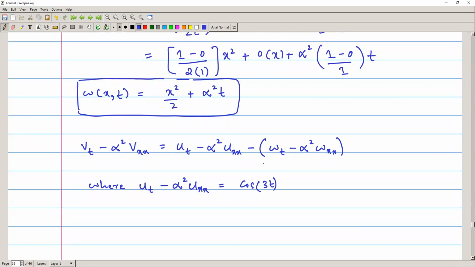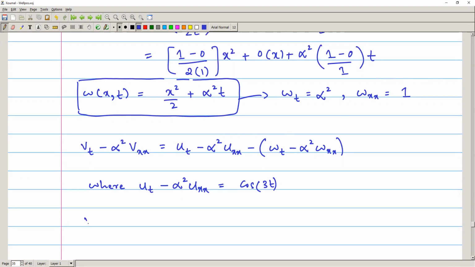And w_t we can compute from here: w_t will be equal to alpha squared and w_xx will be equal to 1.